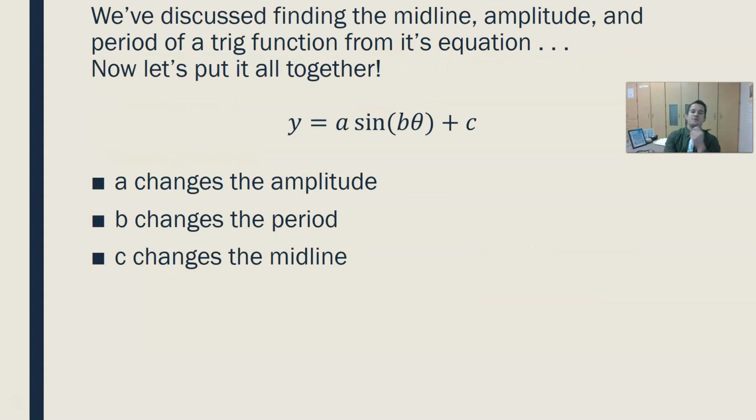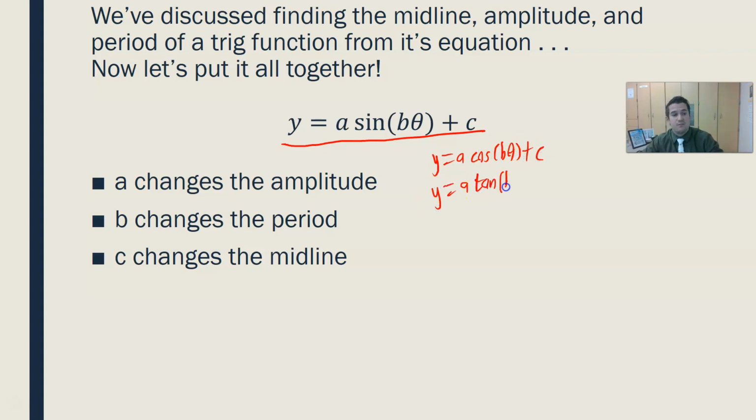Okay, so we've discussed finding midline, amplitude, and period of a trig function from its equation already. So now all we're doing is putting it all together. So when I have a trig function of this form, y equals a times the sine of b times theta plus c, or y equals a times the cosine of b times theta plus c, or y equals a times the tangent of b times theta plus c.